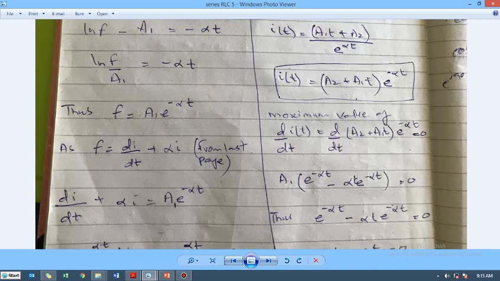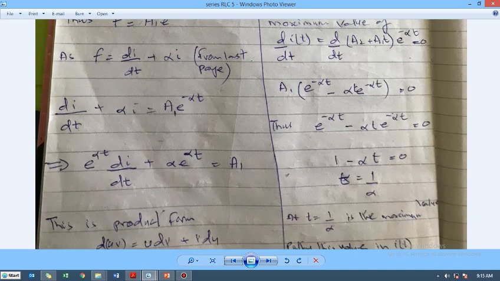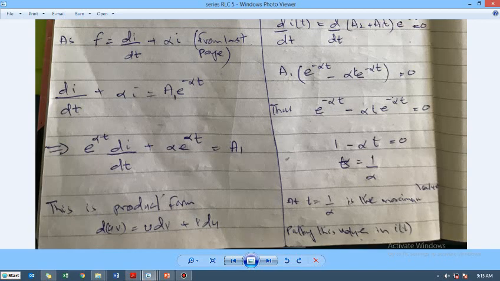Right, so now this has been done to find out the maximum value of this function I. For finding a maximum value, what you do is you equate the derivative of that expression equal to 0, and that's exactly what we have done here. We have taken a derivative here of dI by dt, so this is equal to 0, and going further, it comes out that t is equal to 1 upon alpha.